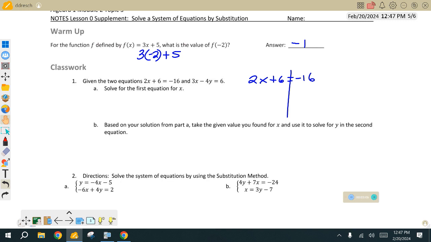So what are we going to do first to help us solve it out for x? Subtract that 6 from both sides. Use that calculator for that arithmetic.